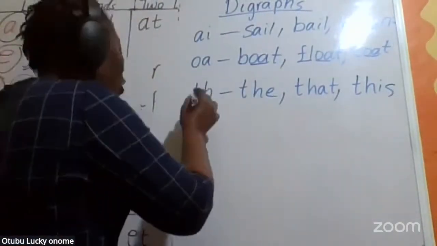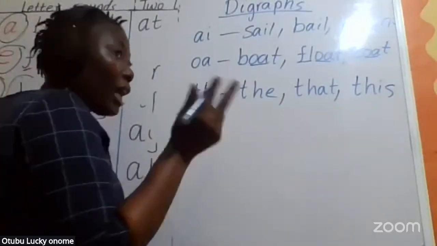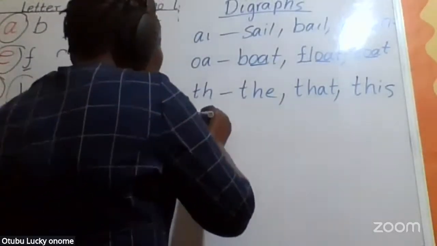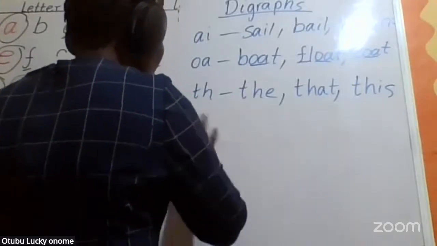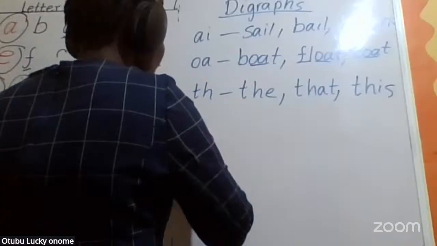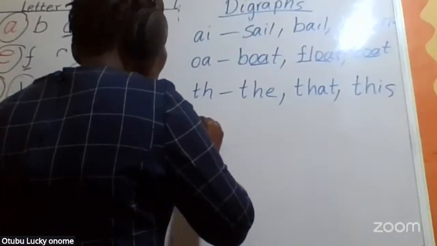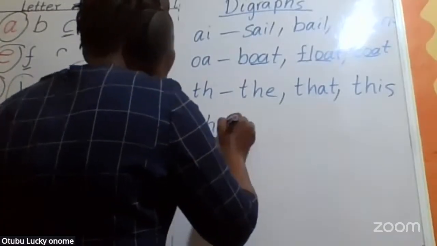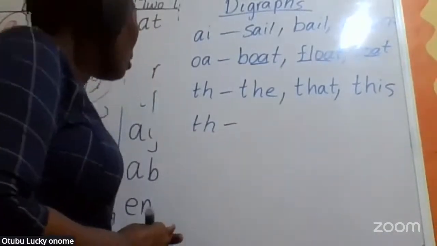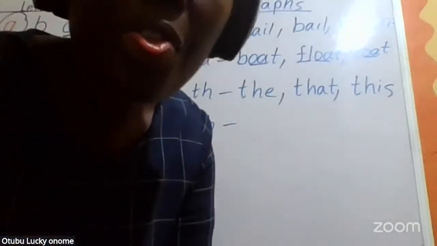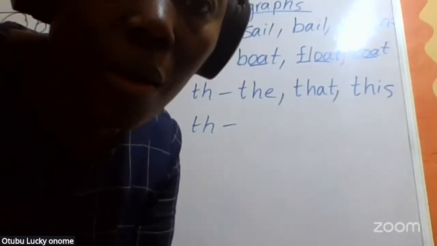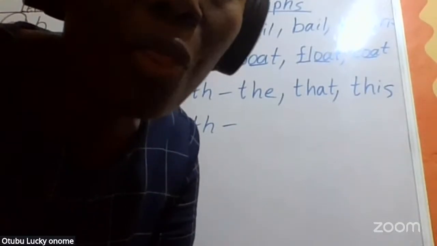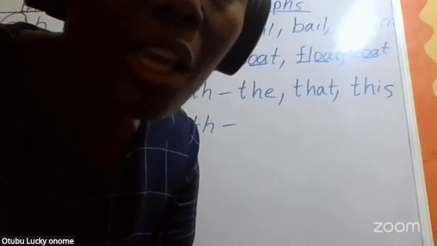Then in some other words, I say it has two sounds. The other sound sounds like this. Your tongue is in between your teeth and you are releasing air, like mouth, teeth.